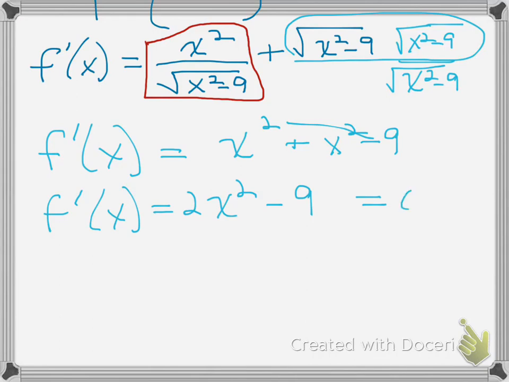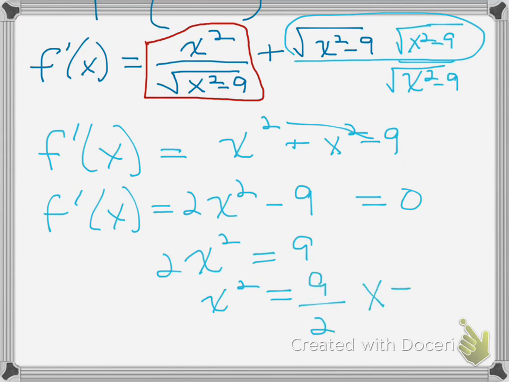Okay, I'm going to set that equal to 0, and I'm going to get 2x squared equals 9. So x squared equals 9 over 2. Therefore, x equals plus and minus radical 9, which is 3, over root 2.